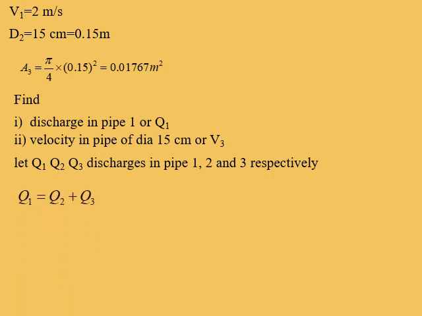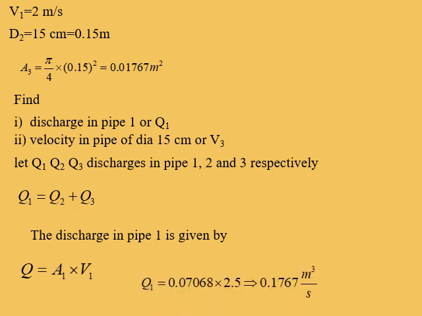The total discharge Q1 in pipe 1 is equal to the discharge in pipe 2 as well as the discharge in pipe 3. That is the summation Q2 plus Q3. The discharge in pipe 1 is given by the expression Q equals area of pipe 1 and velocity in that pipe, that is A1 into V1.